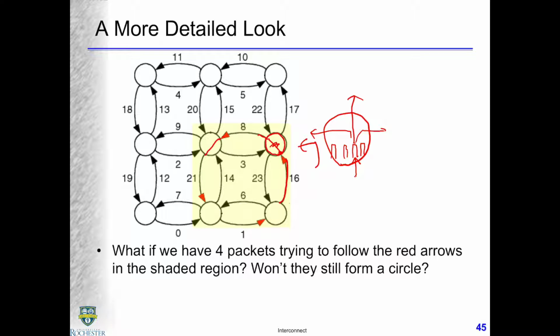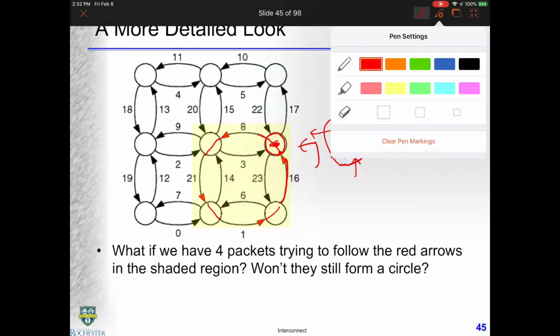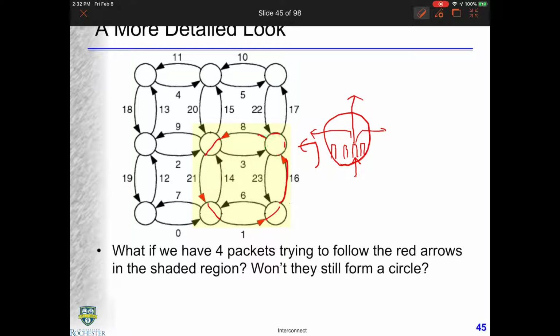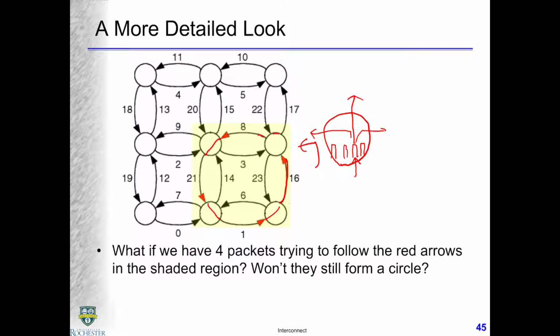Even though here you can have the dependency, this one is not allowed to happen, so I don't have the circle. So these are techniques to prevent cycles from forming to begin with.